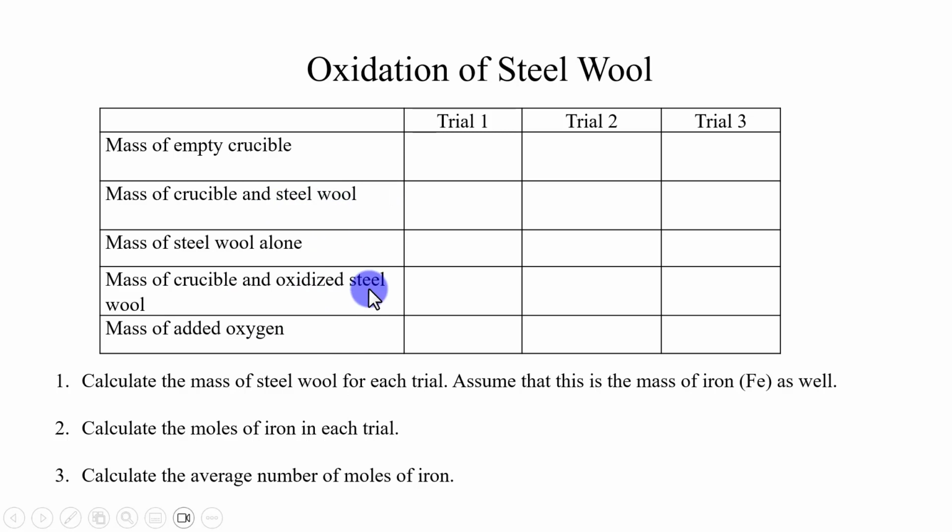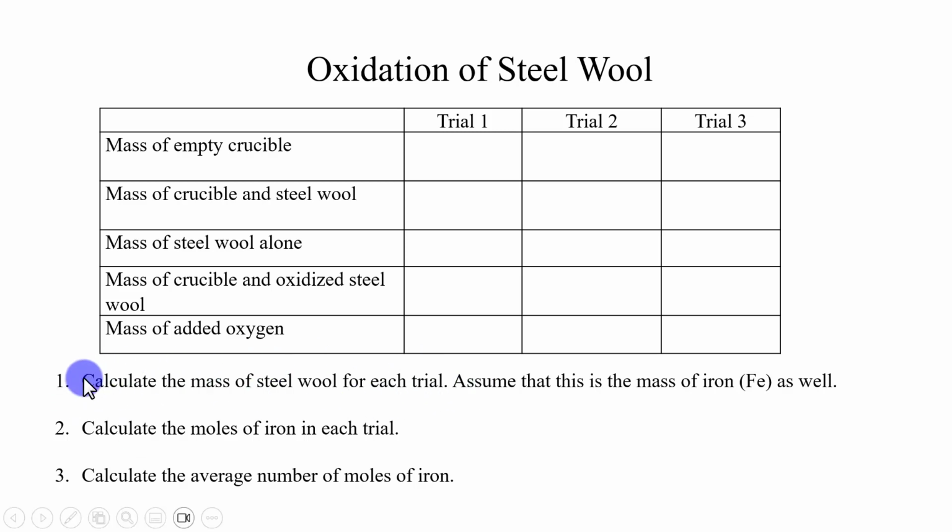And the extra mass obviously is coming from the oxygen. So that's why you do the subtraction of this row with that row to get the mass of the oxygen that is added to the steel wool.